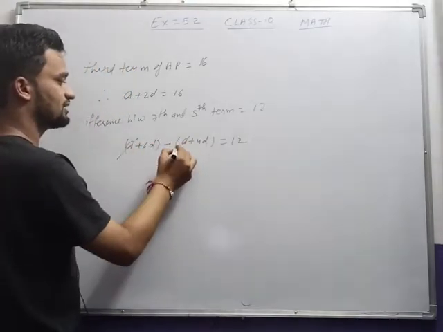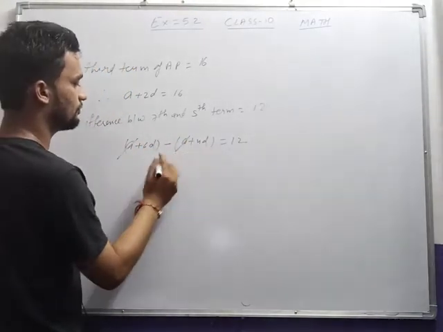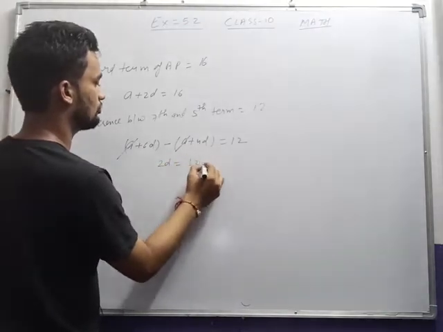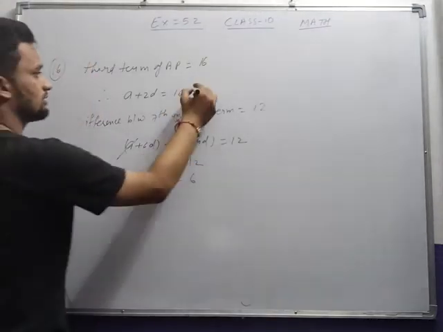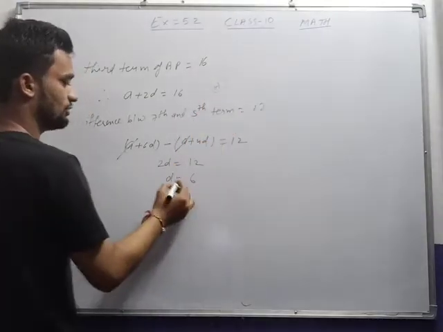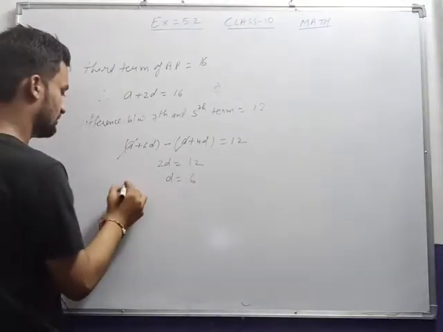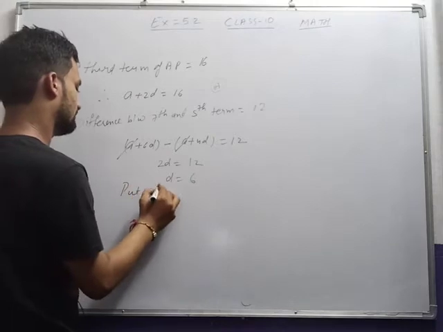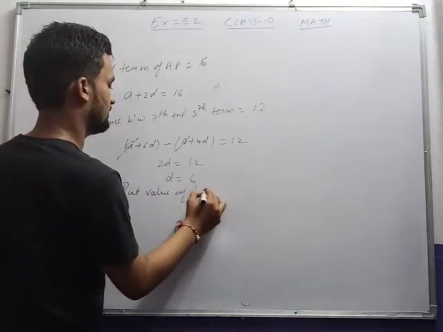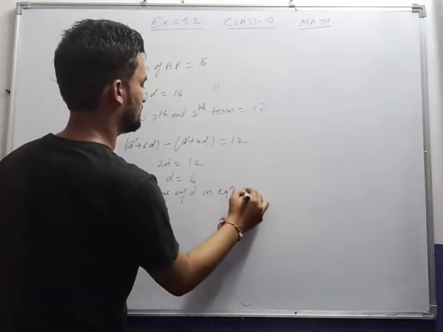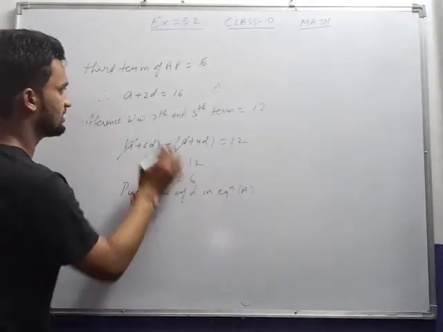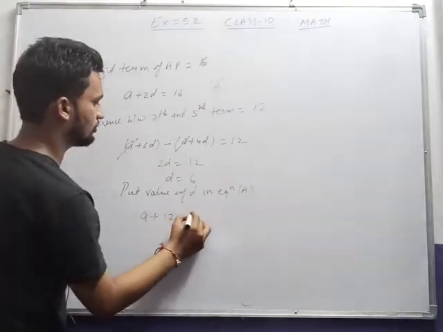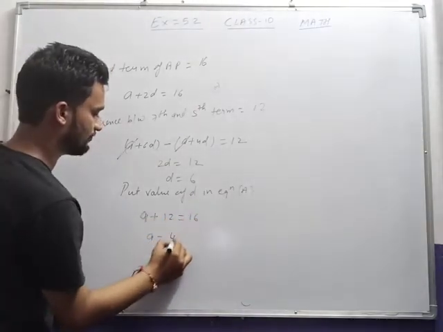The bracket will open, then this will be 6D minus 4D, 2D is equal to 12, D is equal to 6. Suppose this is equation A; put the value of D in equation A. So this will be A plus 6 2 ja 12 is equal to 16, A must be 4.